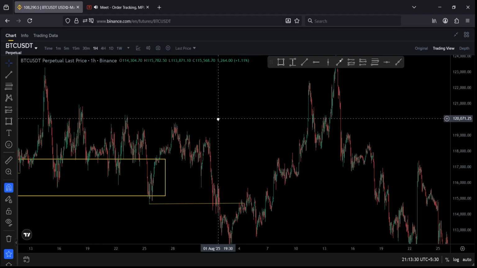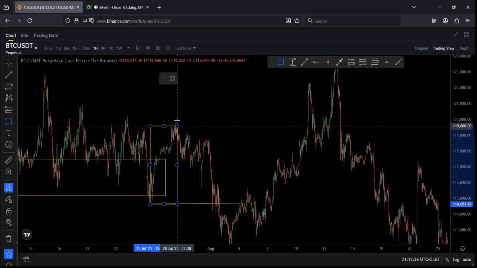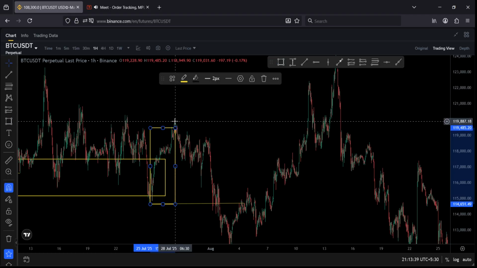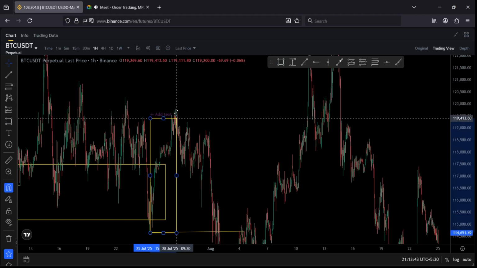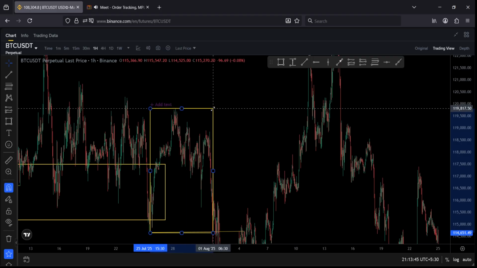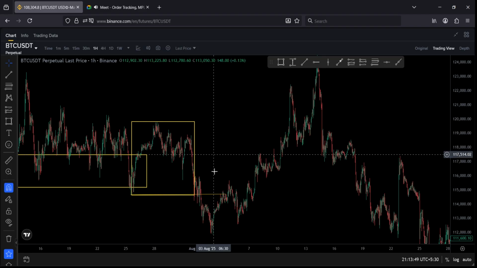So what will be our swap? Our swap will be this. We will go till the top, like this one. This is our swap.